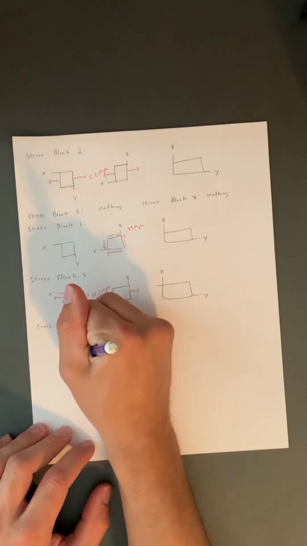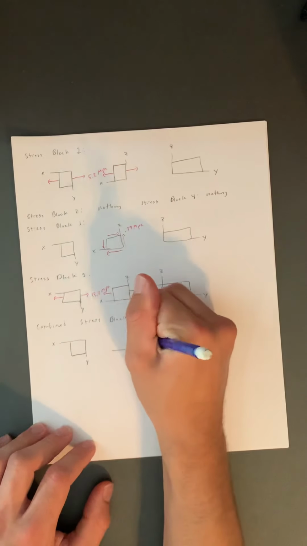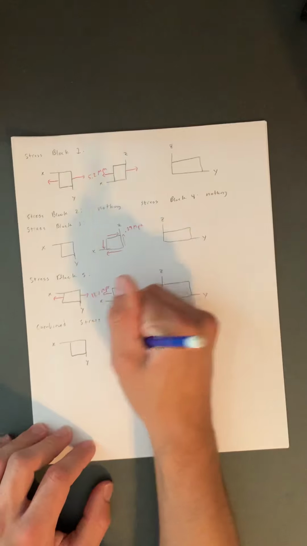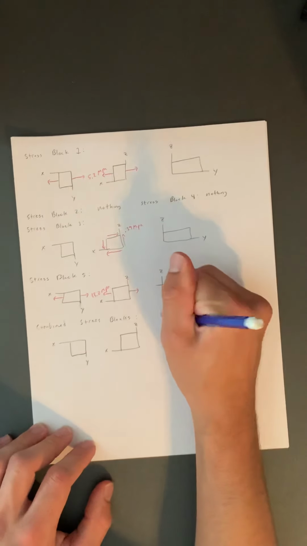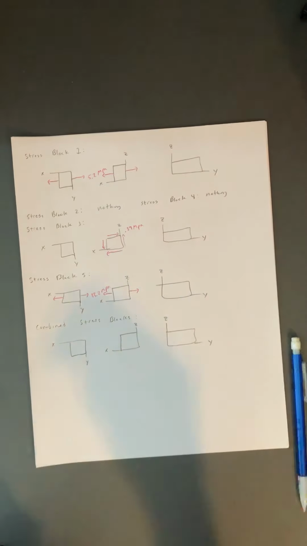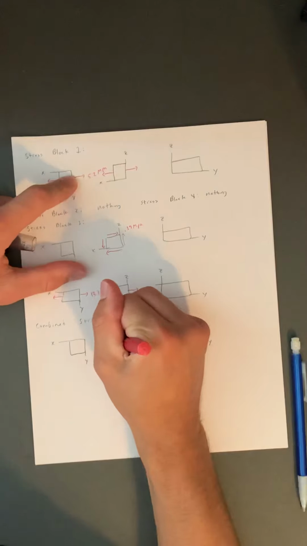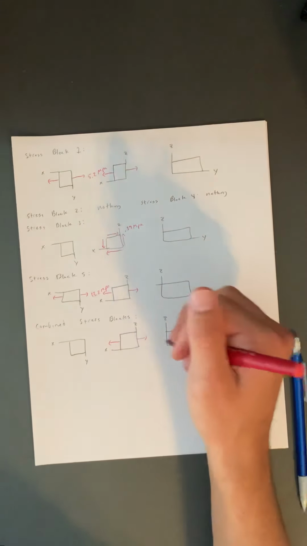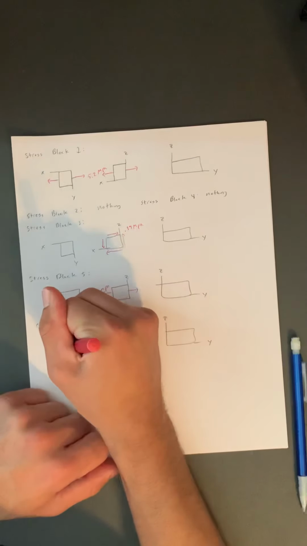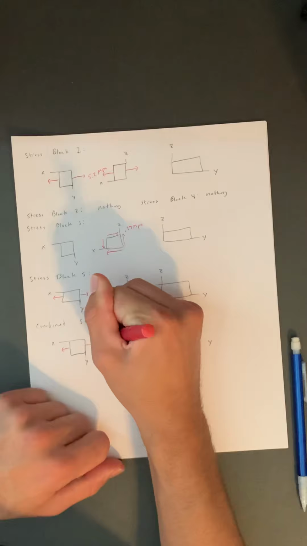So I'm going to draw the combined XY, Z, X, Y, Z. Okay. So we have a positive 13.2 here and a positive 5.2. So we're going to have a positive 18.4 megapascals.